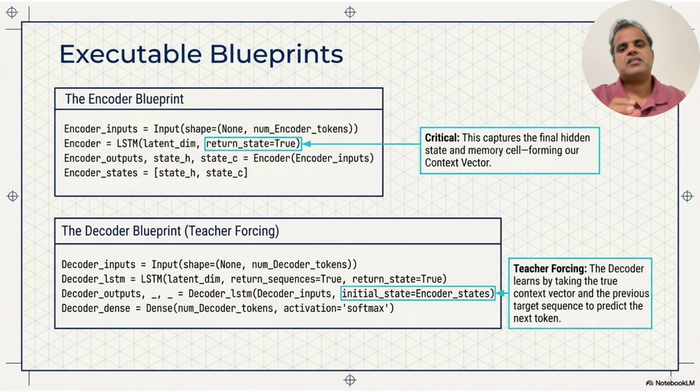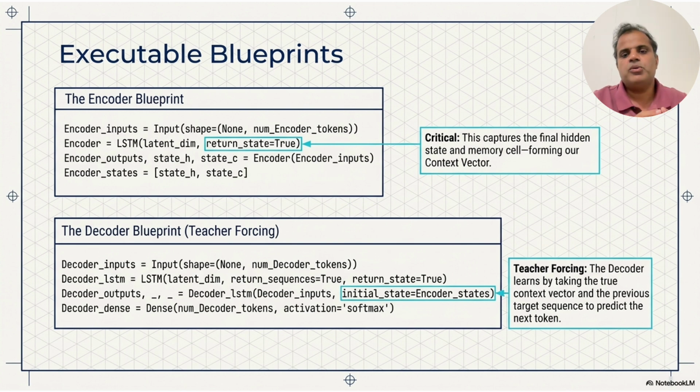We see the structural Keras blueprints for implementing this architecture. In the encoder blueprint, it is critical that we set return state is equal to true inside our LSTM layer. This explicitly captures the final hidden state and memory cell which together compose our information packed context vector.